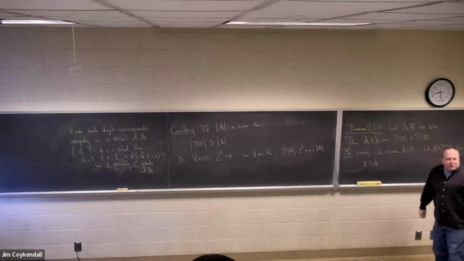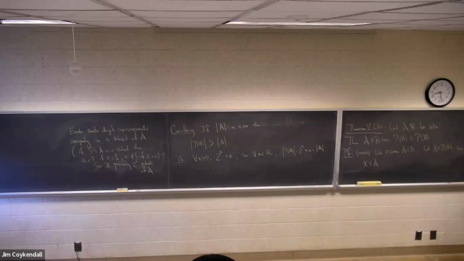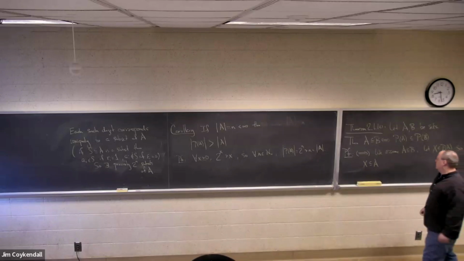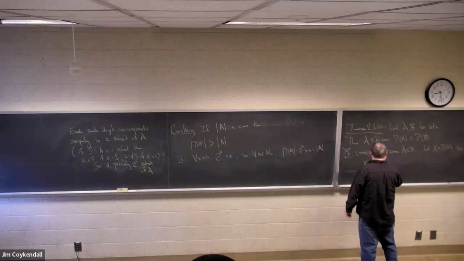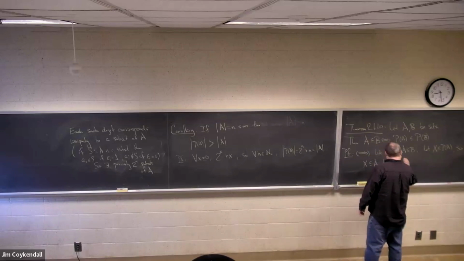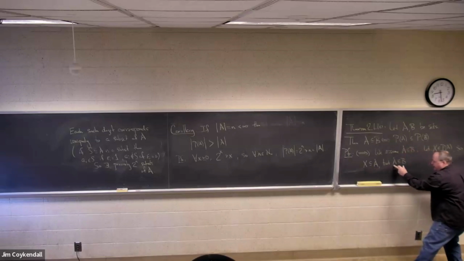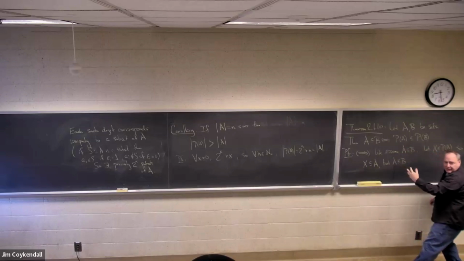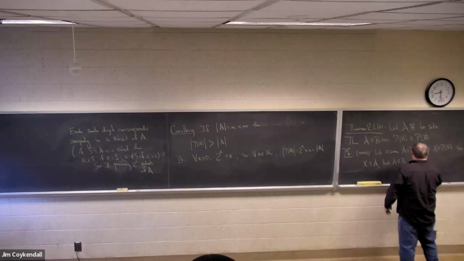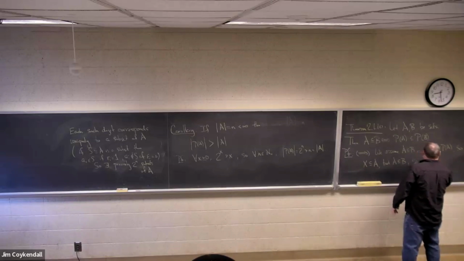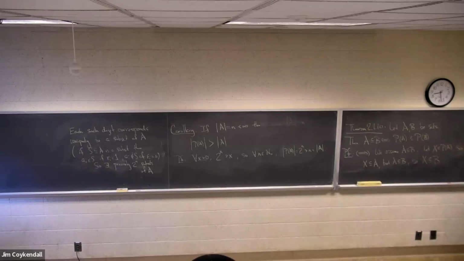And what do we know about the relationship between A and B? If X is a subset of A and A is a subset of B, then what can we say? X is a subset of B, right? And what does that mean?